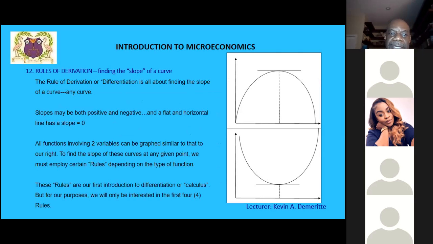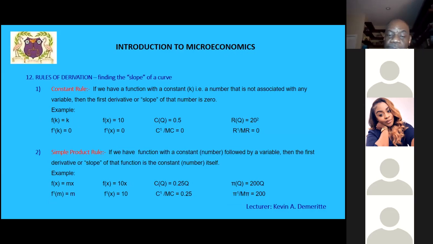Okay, so let's go, rule number 2. Here it is. If you have a function, like our revenue function, with a constant followed by a variable, see, you have 0.25q, then the slope or the first derivative is just the number. Here again, 200q, the slope or the first derivative is just the number.